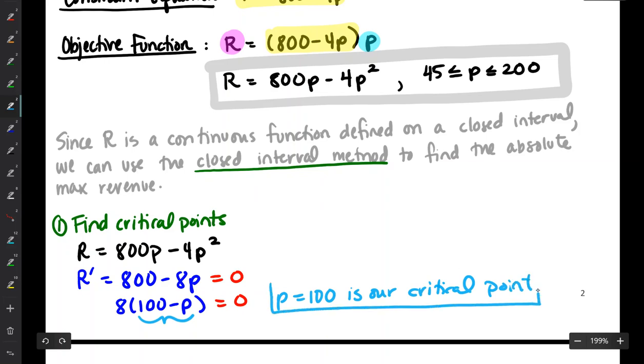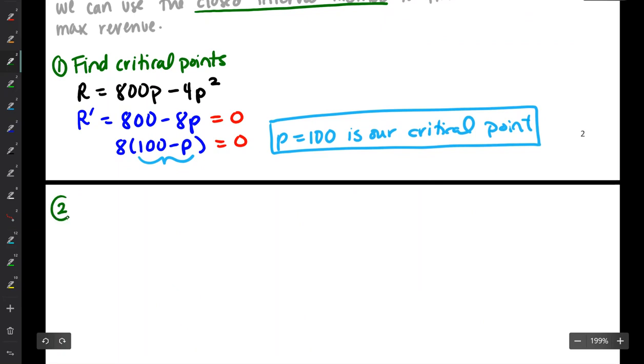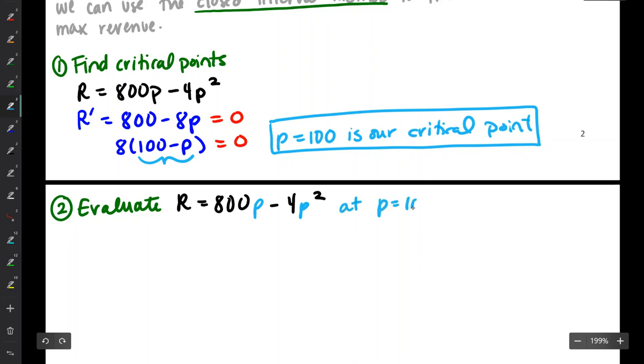The second step is to go ahead and evaluate the revenue at that critical point. Evaluate R at the critical point of p being 100. So my revenue, if you wanted to write R of 100, you can.